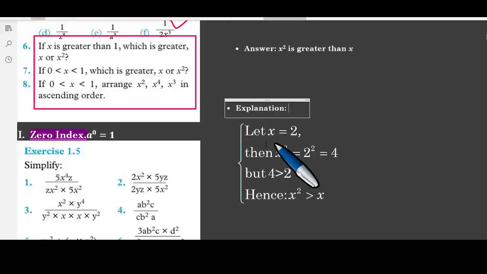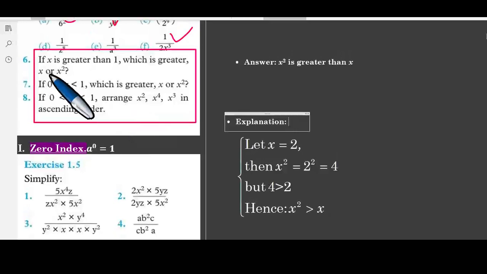Suppose that x is equal to 2, then x squared is 2 exponent 2, equal to 4. But 4 is greater than 2, hence x squared is greater than x. Here you take any number of your choice and compare.